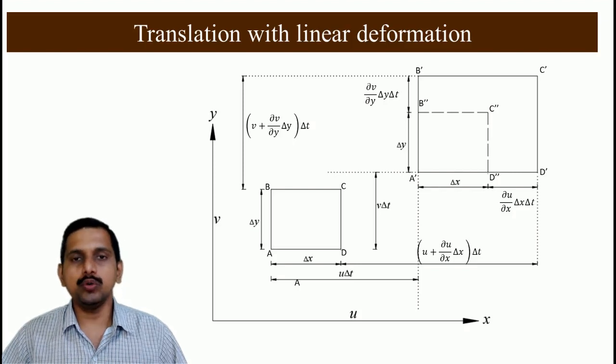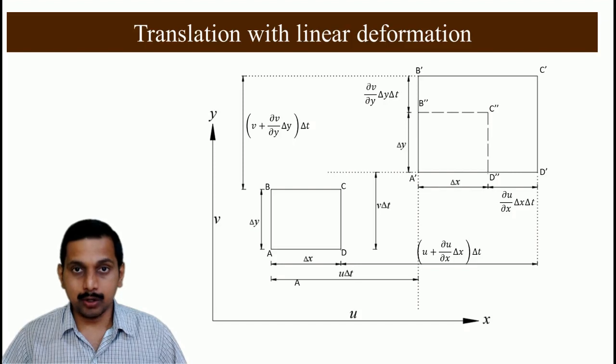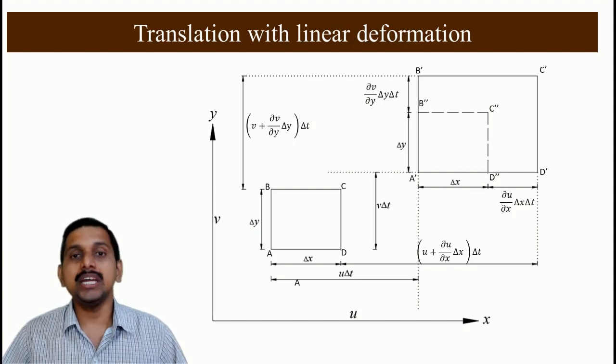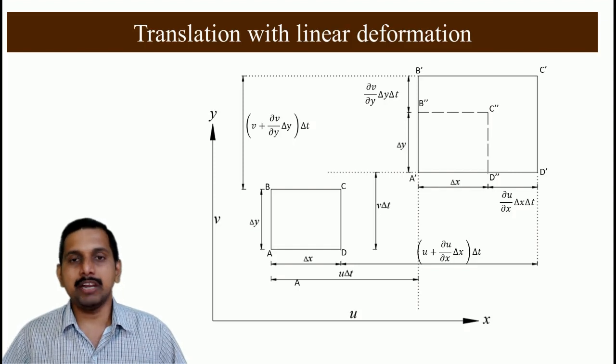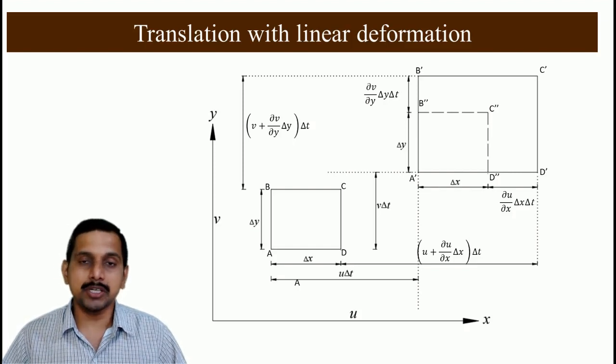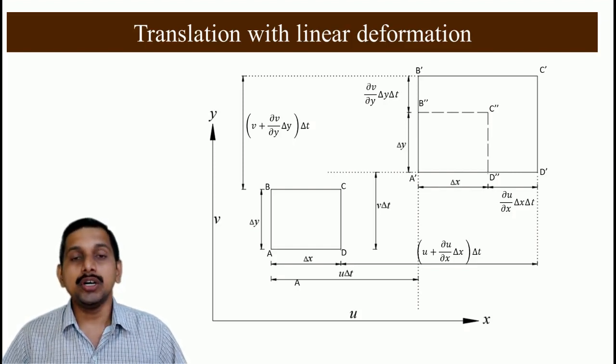The component u is a function of x alone, and the component v is a function of y alone. Only then there is linear deformation. And when linear deformation happens in fluid mechanics, it is always the deformation rate, or the linear strain rate.